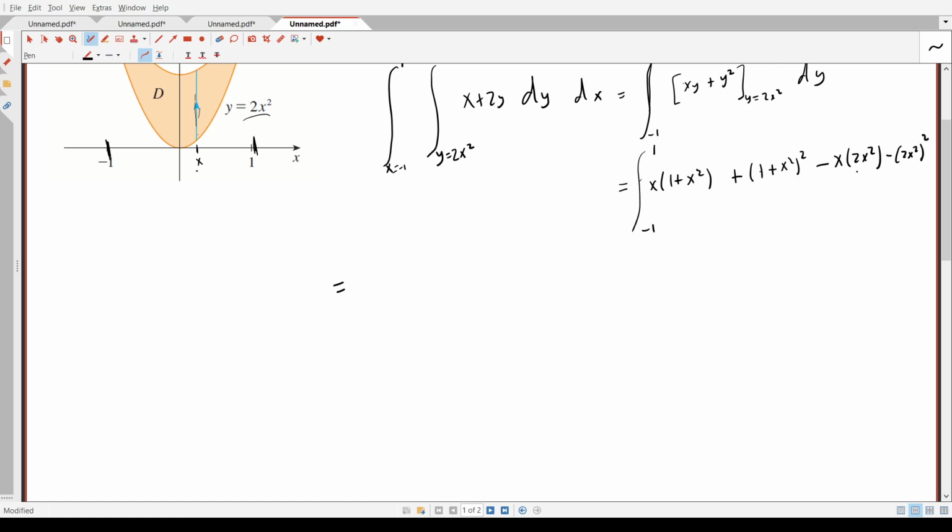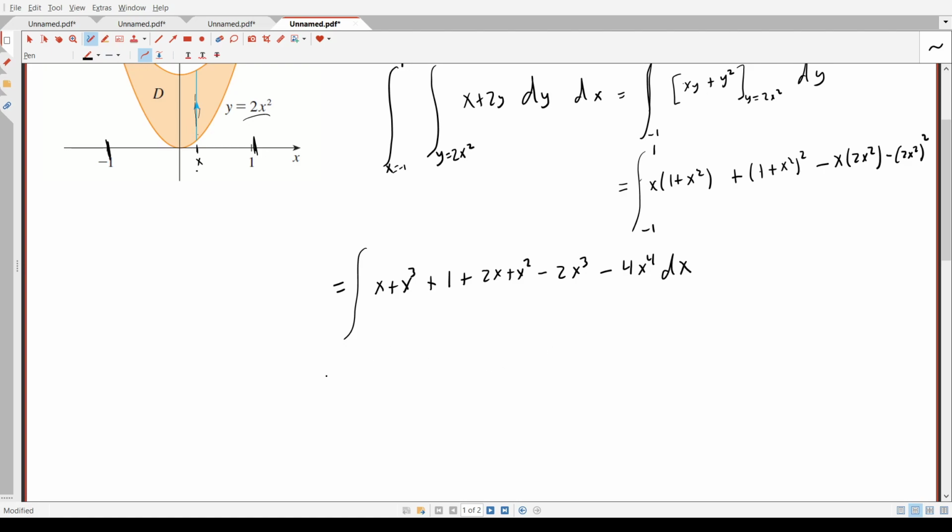Okay, so now I just need to simplify this and then integrate with respect to x. And this will be fairly simple. So this is x plus x cubed, and I'll go ahead and expand this out. So I have 1 plus 2x plus x squared minus 2x cubed minus 4x to the 4th dx.